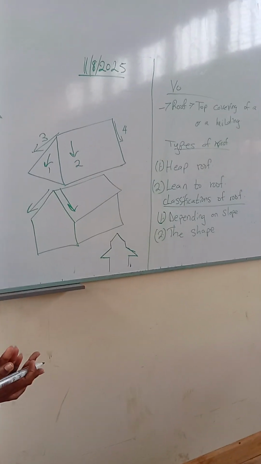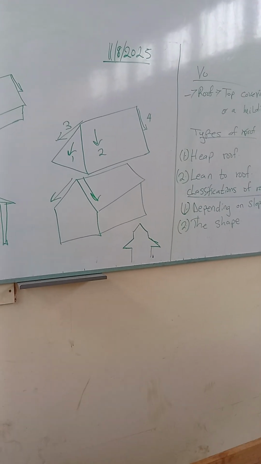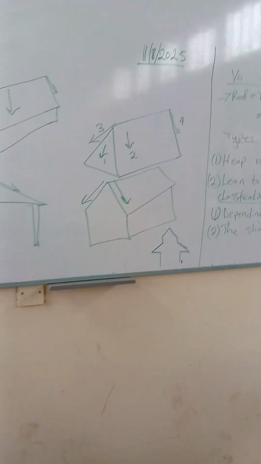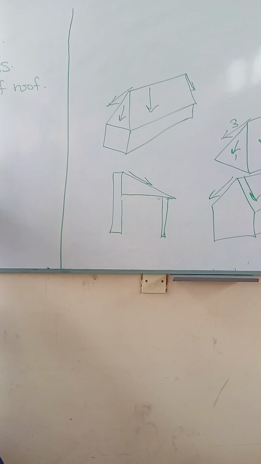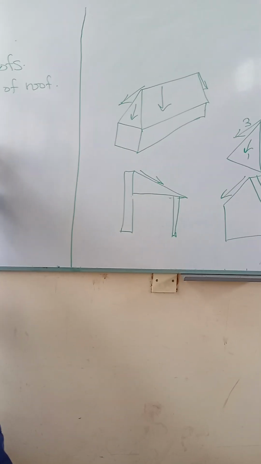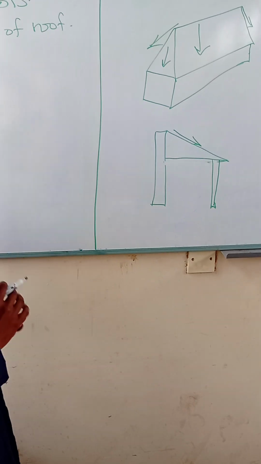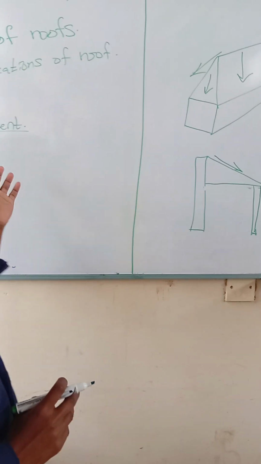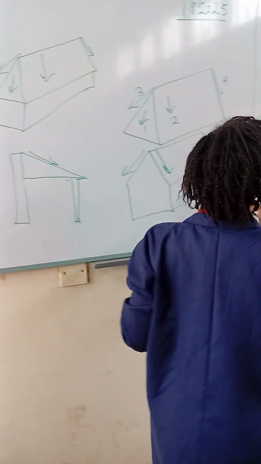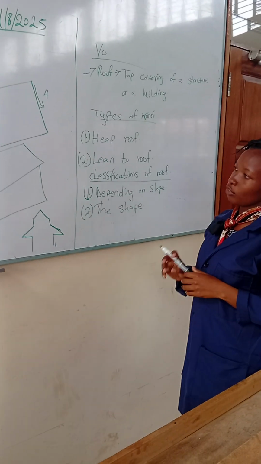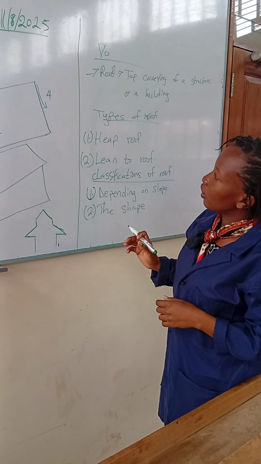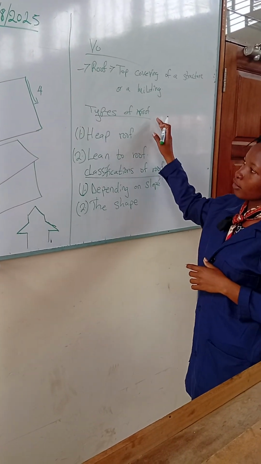And as we come to the end of the lesson, we give an assignment. And this is where we have the assignment. Now that we have looked at what is a roof, types of roofs, and classifications of roofs, I want you to go and look at more types of roofs.